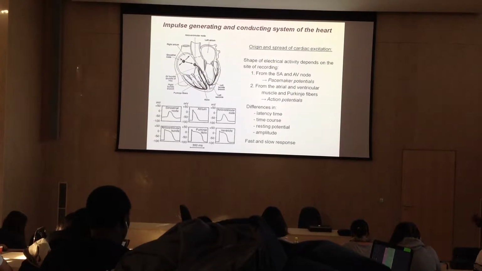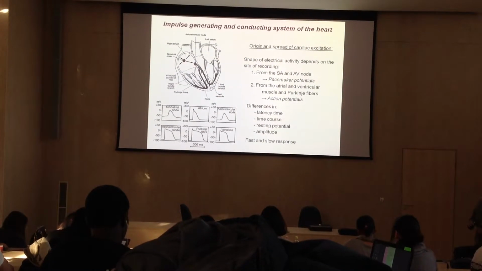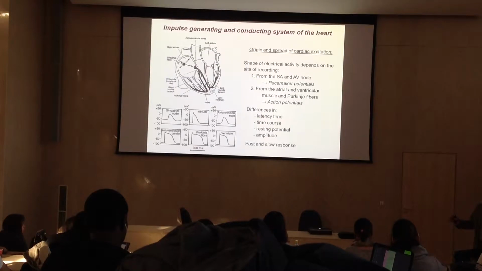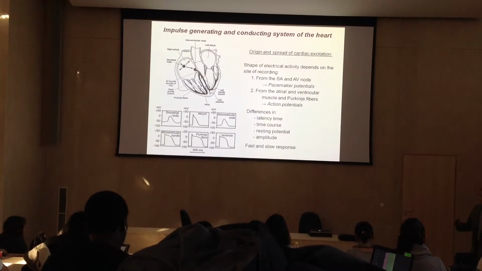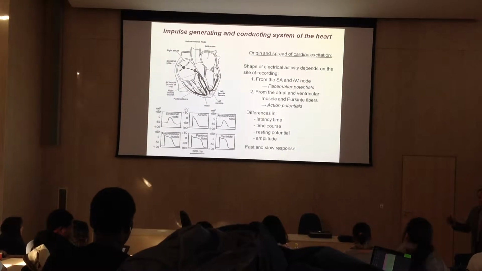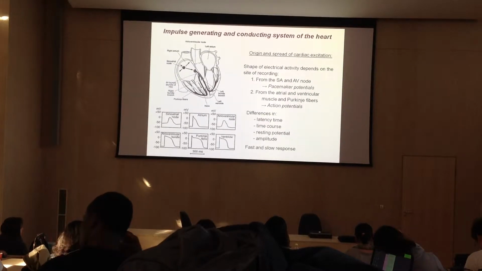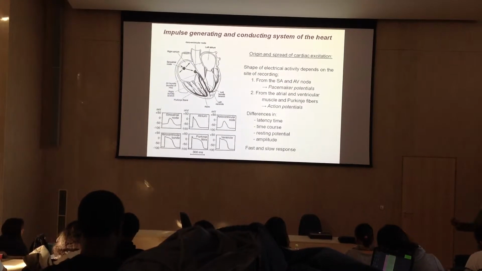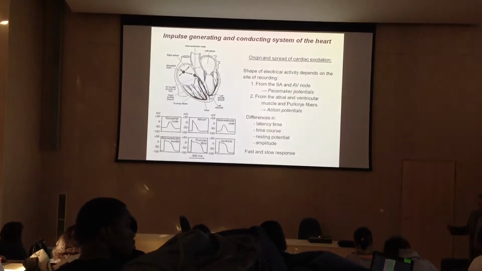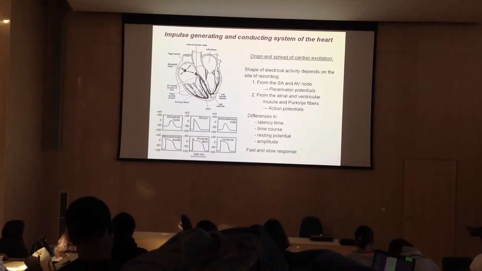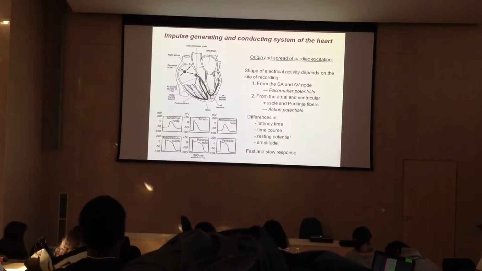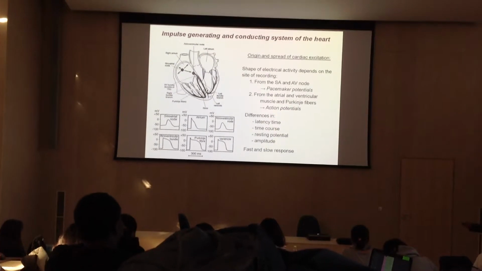In the human body, there are two circulatory systems. The first one is the pulmonary circulation, and the second one is the general circulation. Now, the circulation of the blood is maintained by the heart.